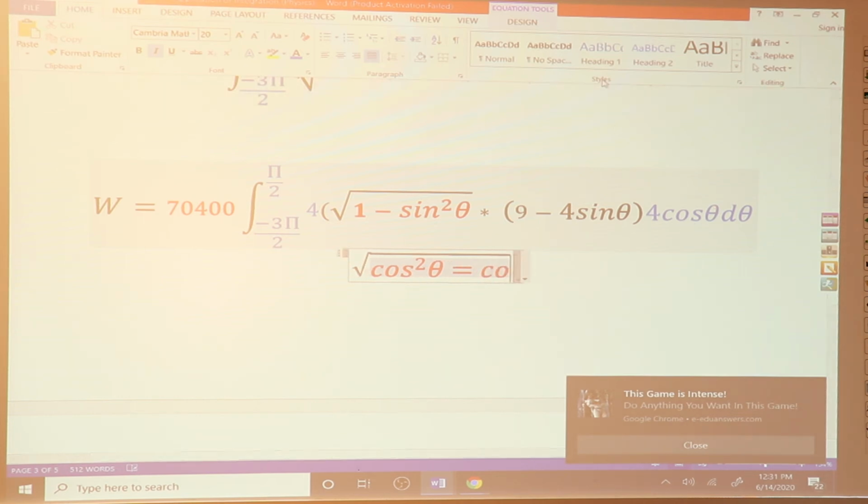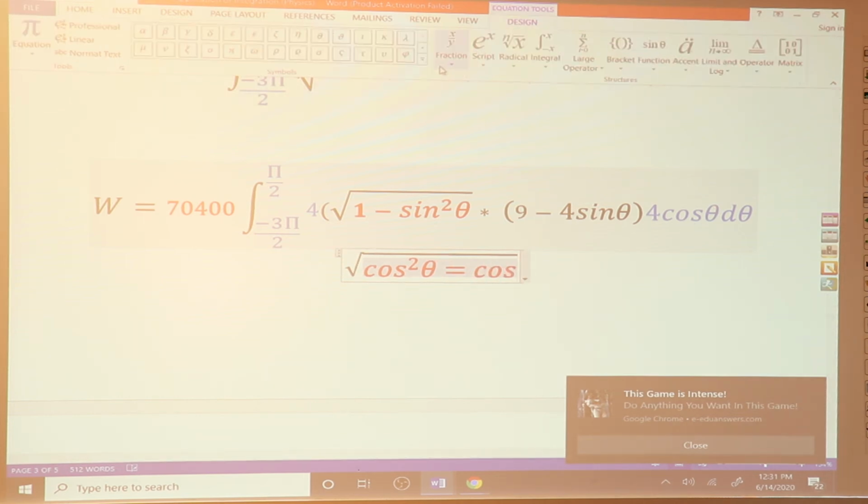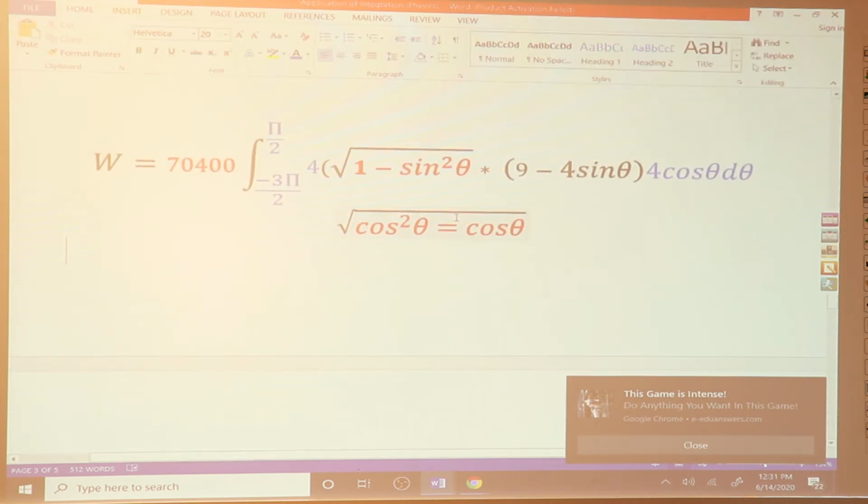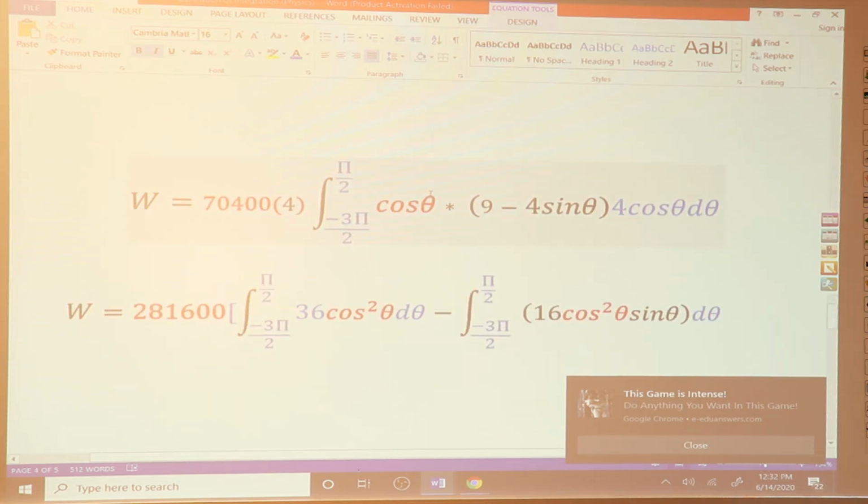It should come out of the square root. Equal cosine theta. Okay. Now that's what I did here.